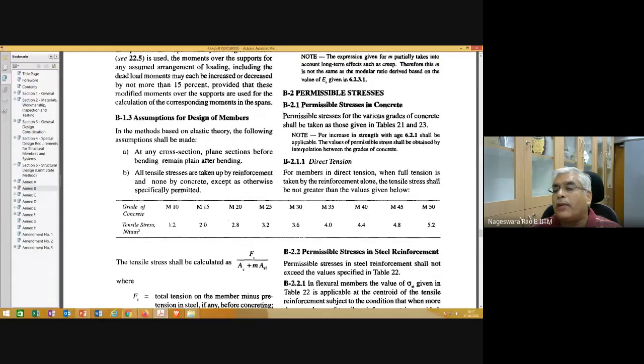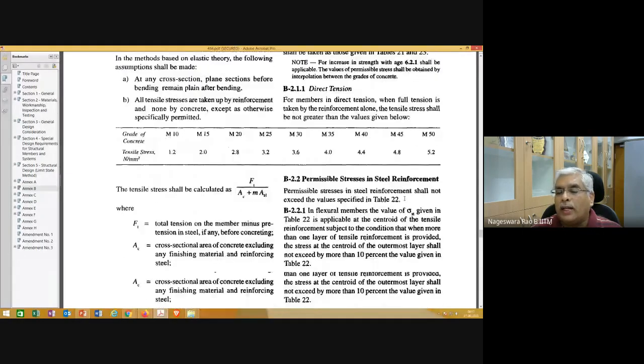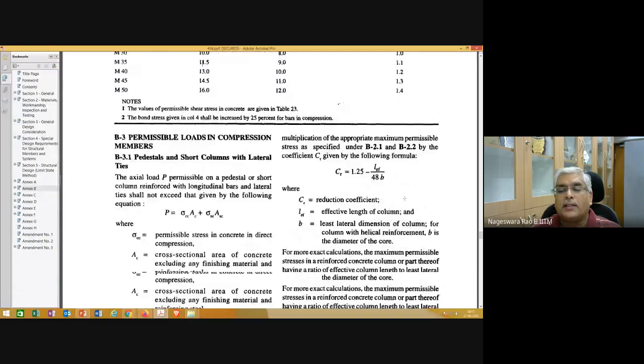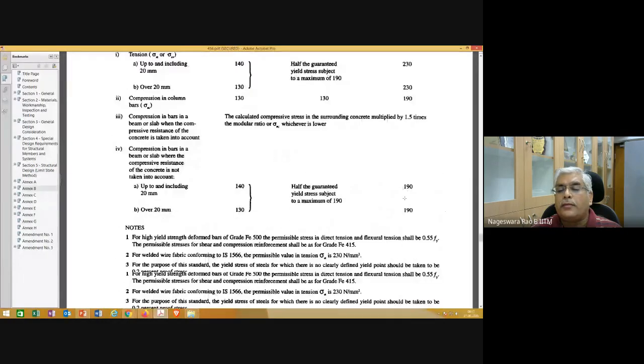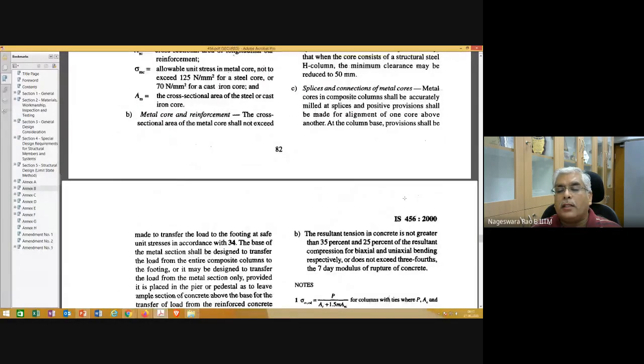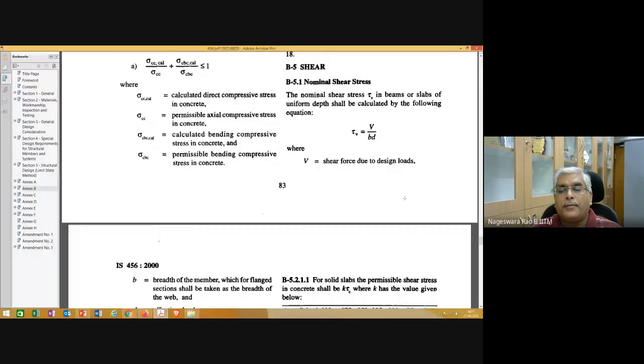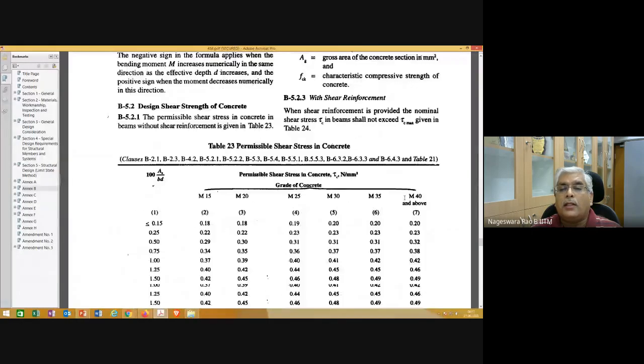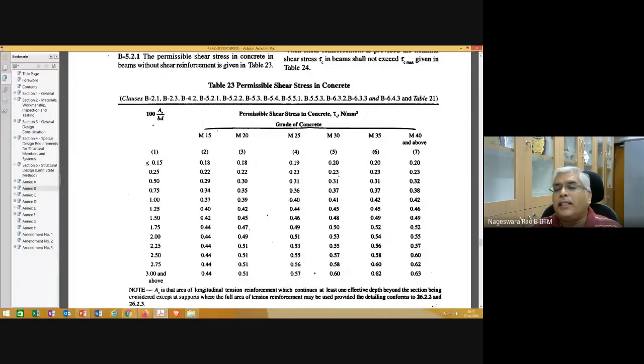Permissible stresses for various grades of concrete shall be taken as those given in table 21 and 23. 23, we'll see what it is. This is related to shear. When we come to the shear reinforcement design, then we'll look at this one.